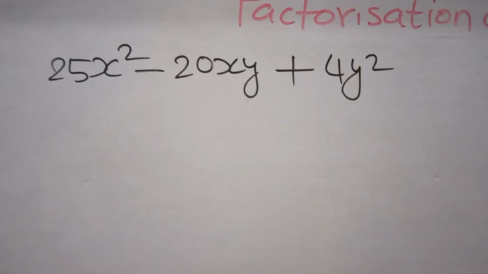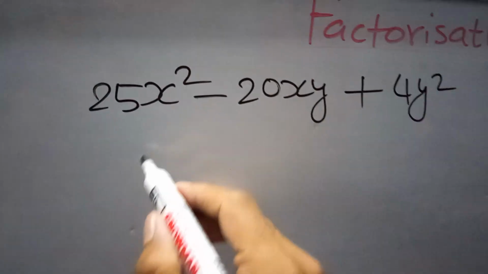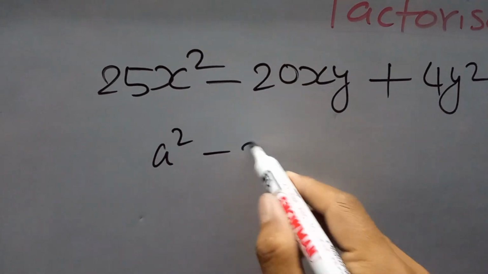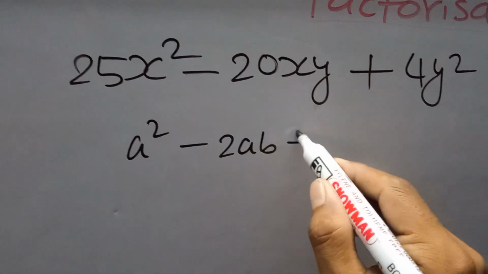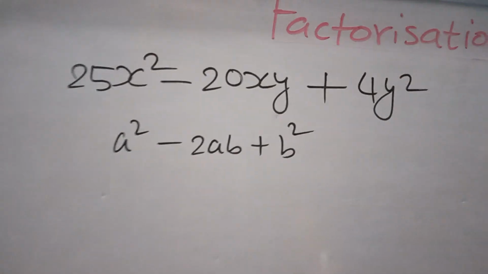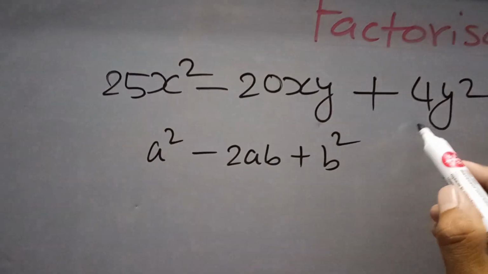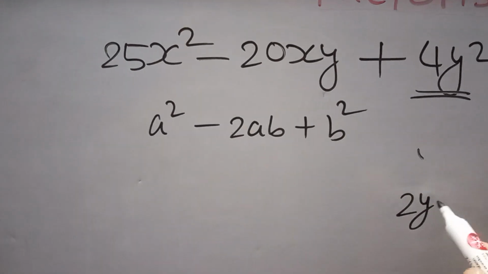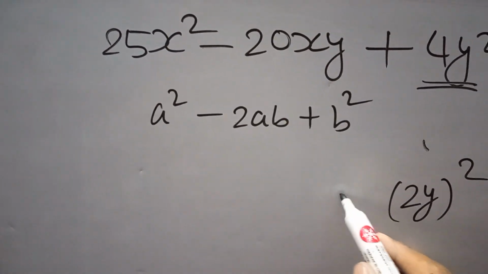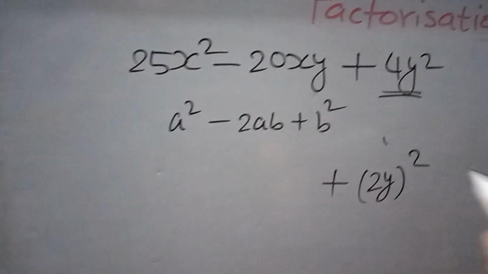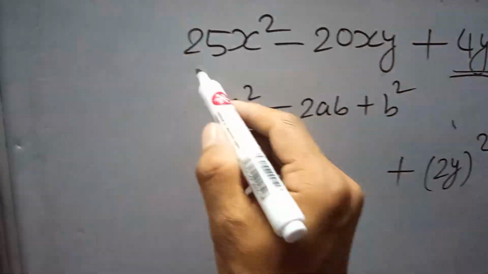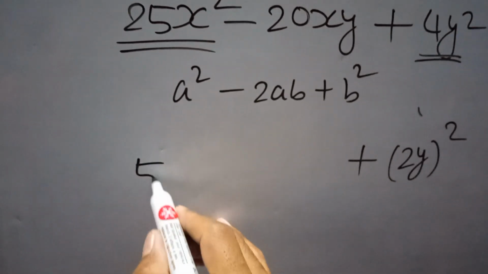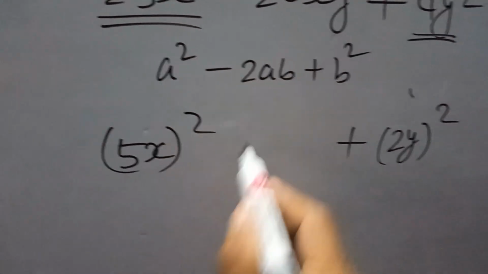Now we have another question with this negative. So we will be writing this in the form of a square minus 2ab plus b square. So here is 4y square. This can be written as 2y whole square, right, plus, let's not write anything for 2ab. Here we have 25x square. This can be written as 5x whole square, right?